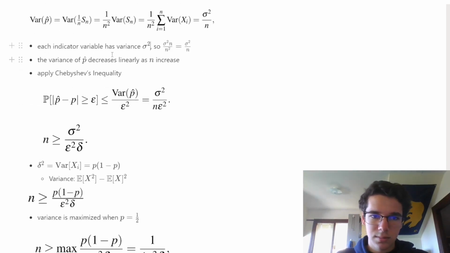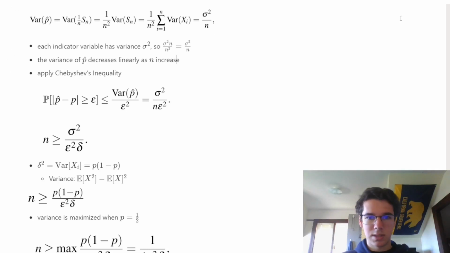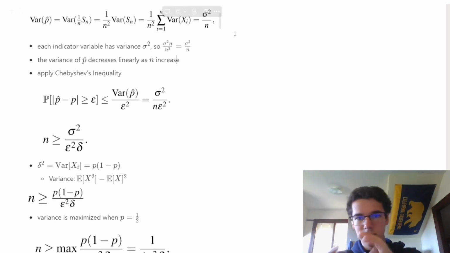So basically the variance of p hat decreases linearly as n increases. That sort of makes sense, right? I mean, as n increases, this goes to 0, linearly.